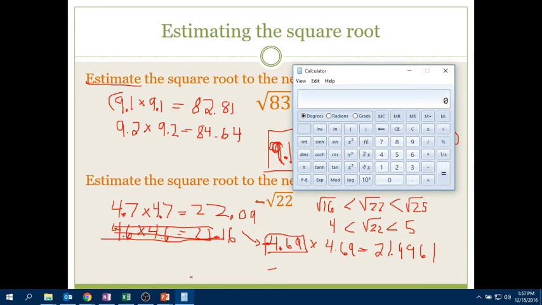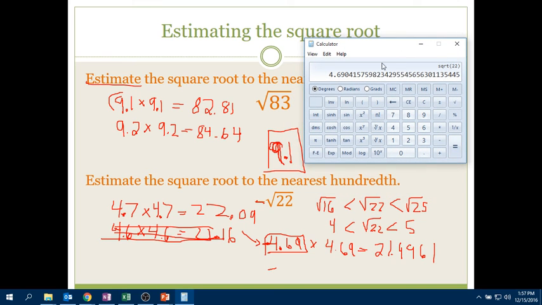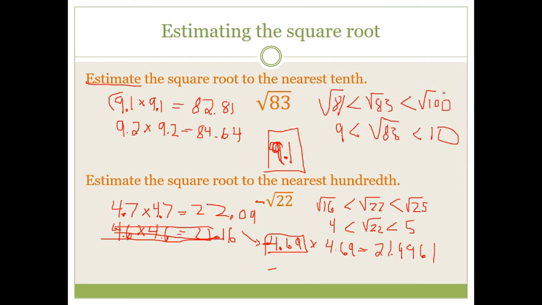Like I was pointing out before, you could always check this on a calculator, because I could punch in 22, take its square root, and see what it is. It's 4.69014. So our estimate, doing this by hand, was very, very accurate to the actual value, right? And this value actually goes on forever.